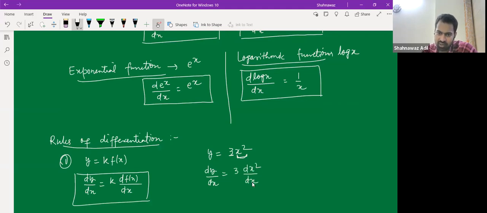Right, and the differentiation of x squared will be how much? 3, 2, and x^(2-1). So 3 into 2x, which is 6x. So this is the first rule. Right, guys?